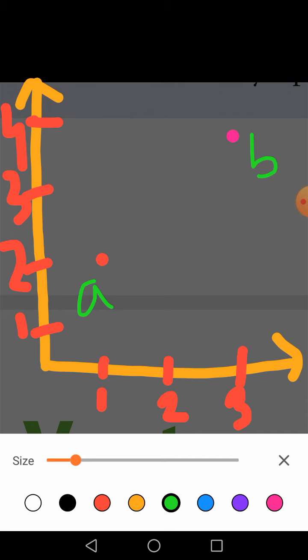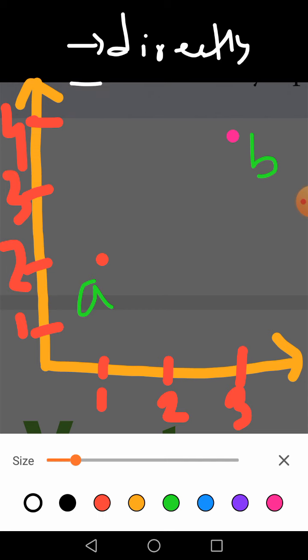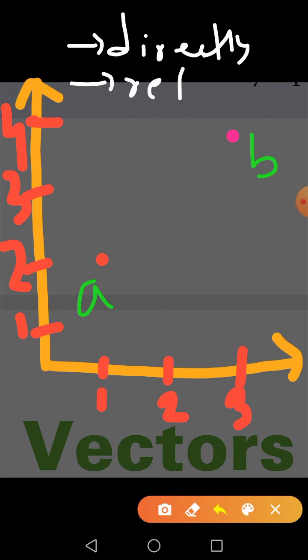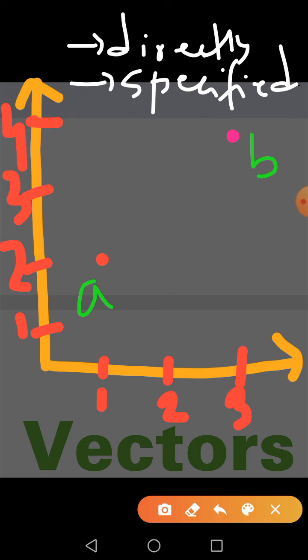So what is vector? It is just the number of steps that we need to take in going from one point to another point, either directly, or along the specified number axis.